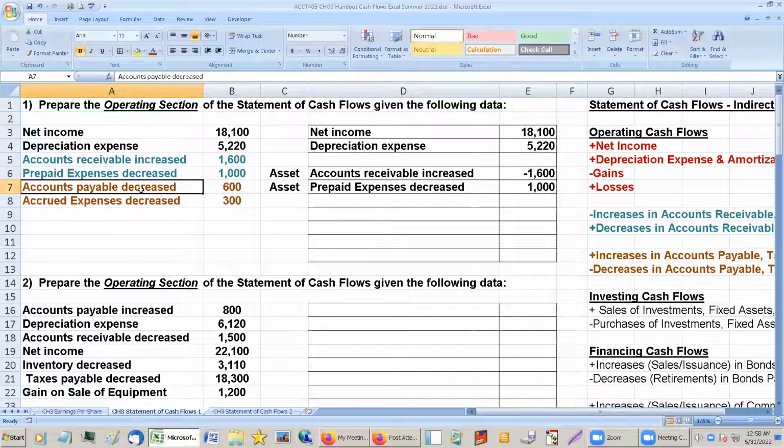It's just the opposite for accounts payable and for liabilities.